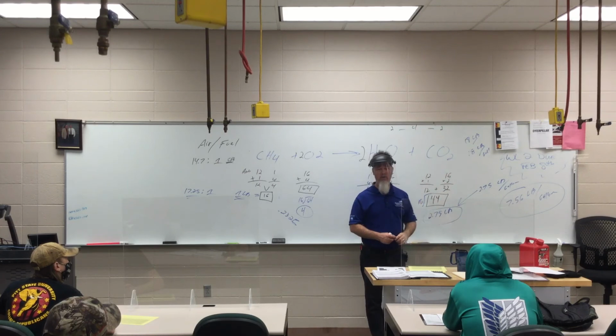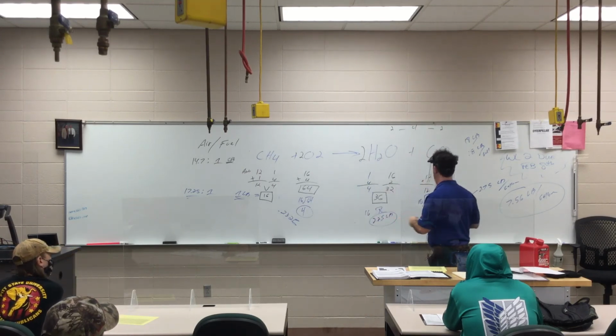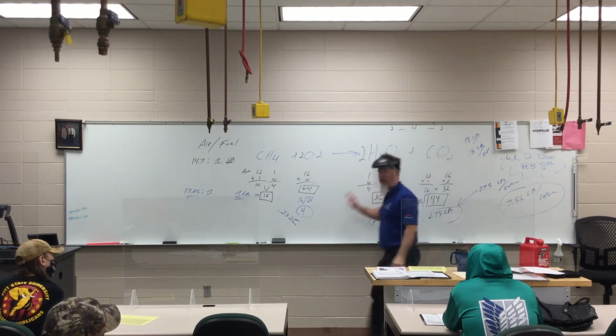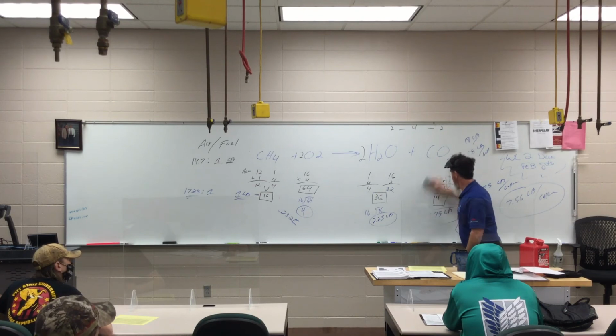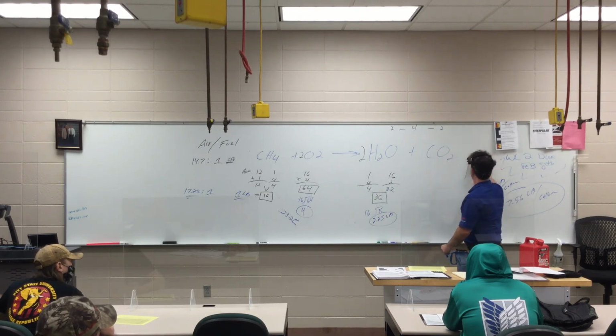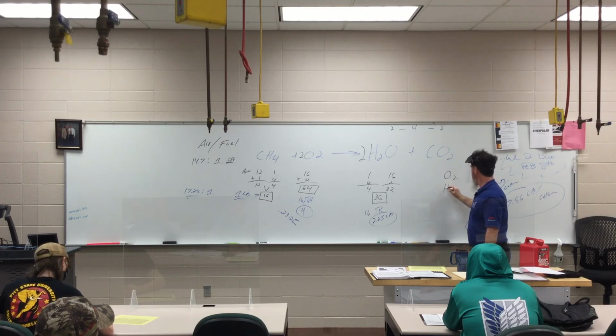But again, what else is coming out of the tailpipe? Are you guys done taking notes on this? So when you start looking at what's coming out of the tailpipe, besides these, you could get regular oxygen coming out if you're a little bit too lean. You could get hydrocarbons coming out.